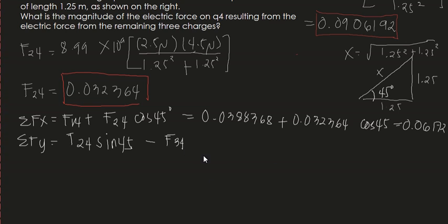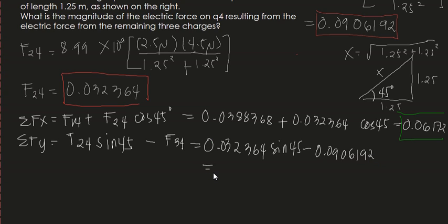For the summation of forces along y, this is equal to F24 sine 45, where F24 is 0.032364, sine of 45 degrees, minus F34, which is 0.0906192.